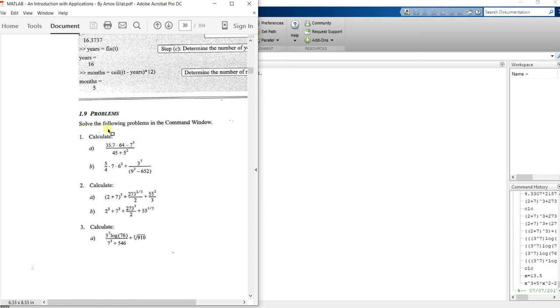Calculate the value of 35.7 into 64 minus 7 power 3, divided by 45 plus 5 square.